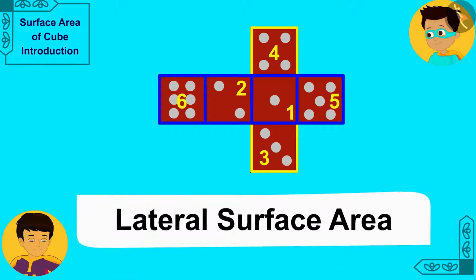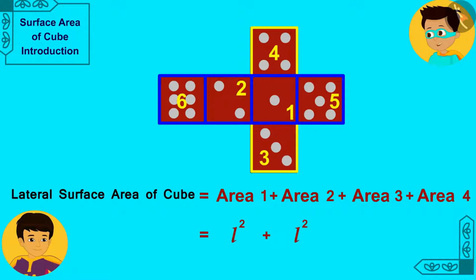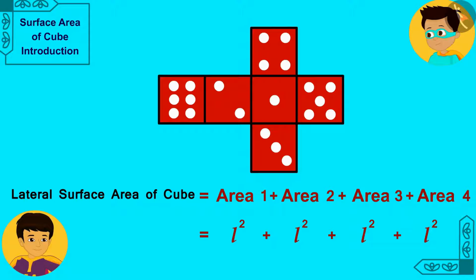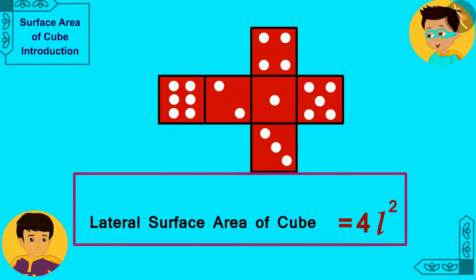This means that the lateral surface area of a cube with sides of length L will be equal to the sum of the areas of these square sides. But all these square sides are congruent. So, we can write it in this way as well.